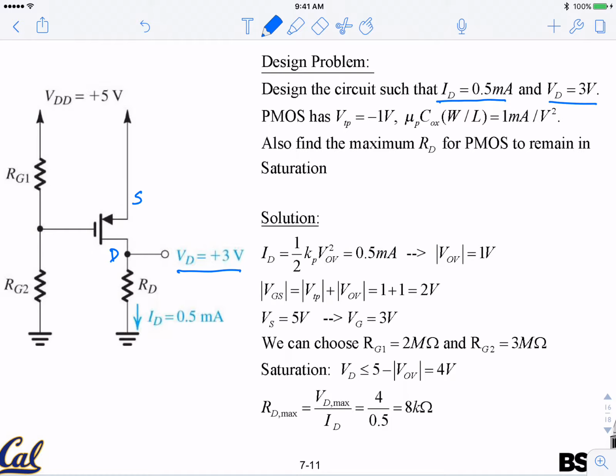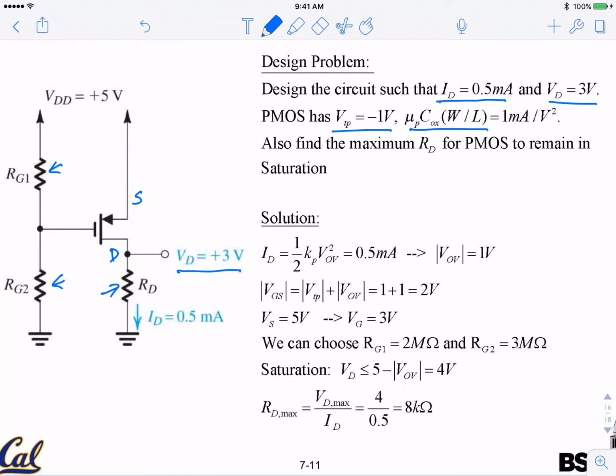This transistor M has threshold voltage minus 1 volt, since PMOS is usually negative. Kp is 1 milliamp per volt squared. So the transistor size has been chosen already, and our job is to design RG1, RG2, and RD.